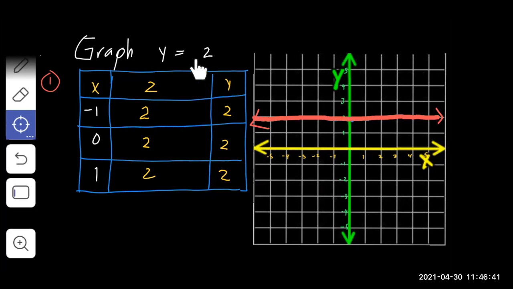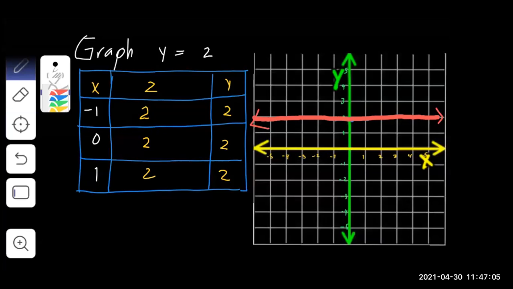When you have a function like y equals 2 and you have no x at all, that means this is going to be a horizontal line, y equals 2. You only need to look where y equals 2, y equals 1, y equals 2, make a point, and then draw that horizontal line through the point.